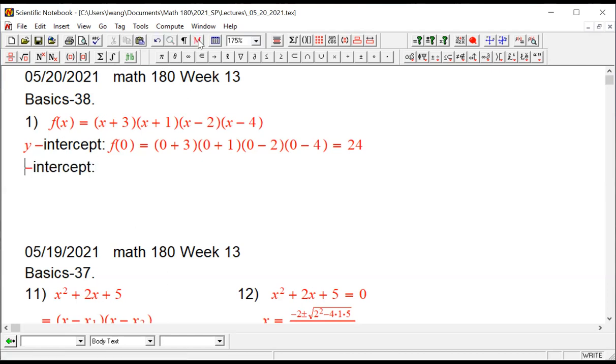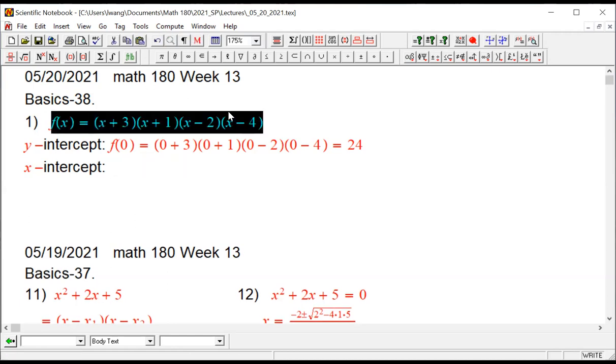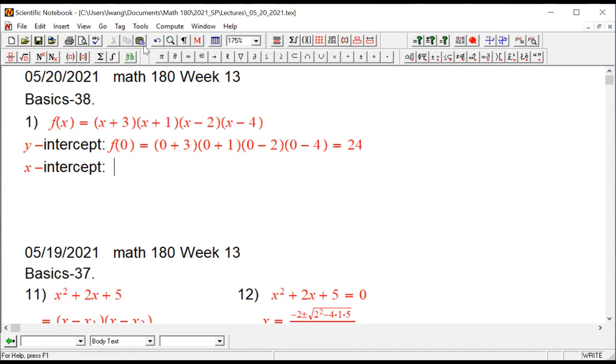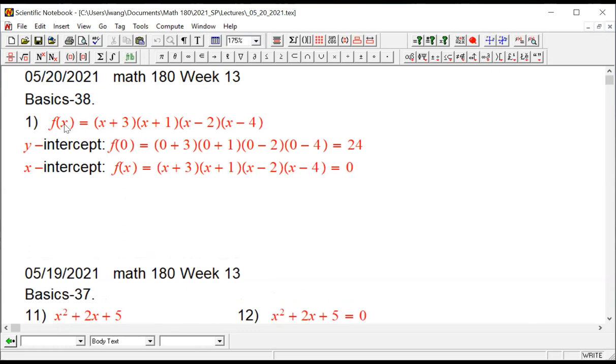This should be pretty familiar to you guys. We set the entire function, which is the output, equal to 0. Of course, using principle number 5, we get x equals -3, -1, 2, 4.